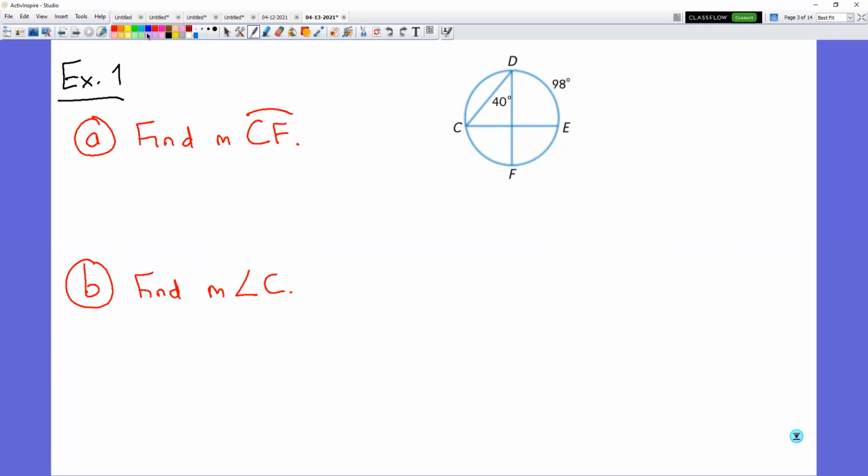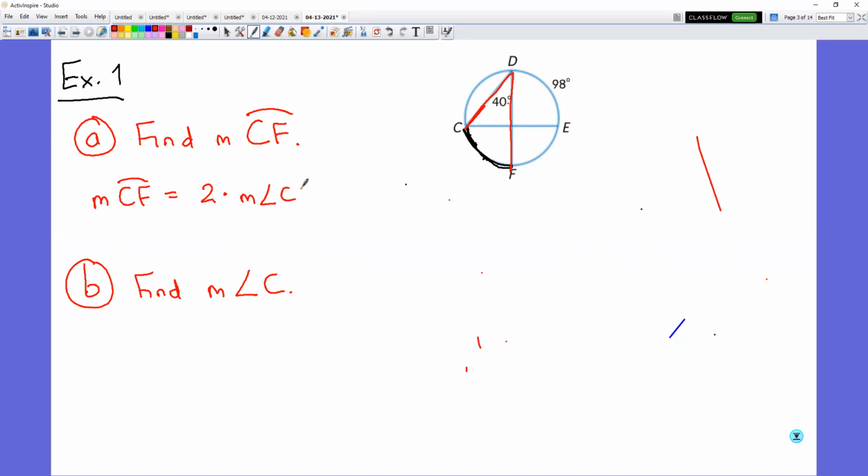Arc CF is this arc right here, and notice that this arc is facing this angle. This inscribed angle is 40 degrees. Since we're given the angle and we're trying to find the arc measurement, all we have to do is take 2 times the measurement of the angle, which is angle CDF.